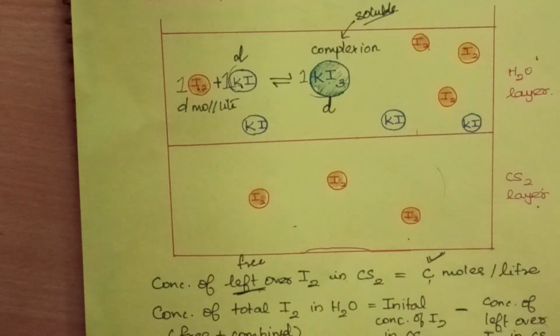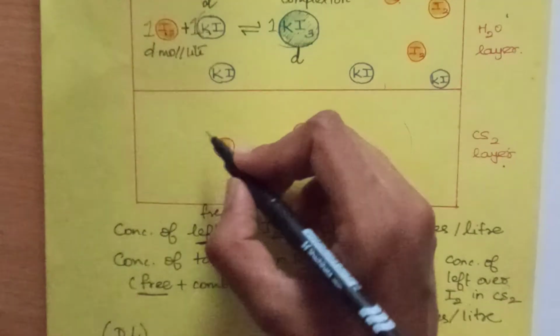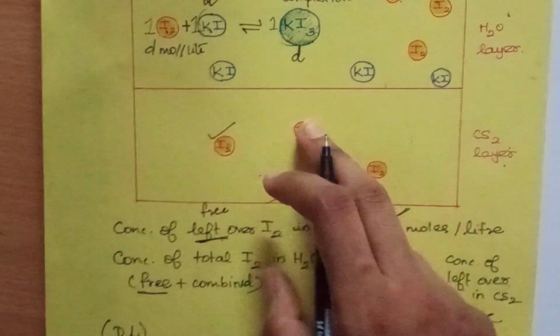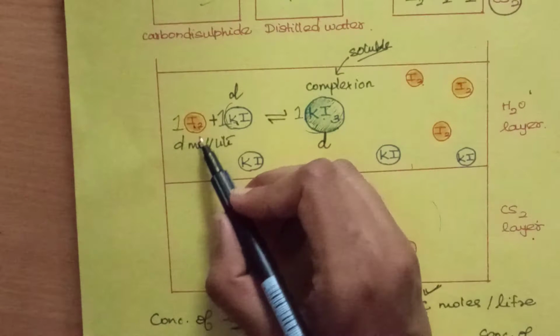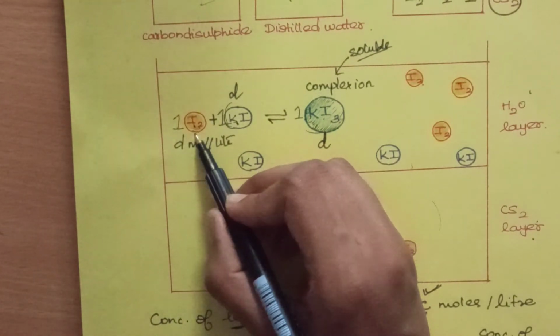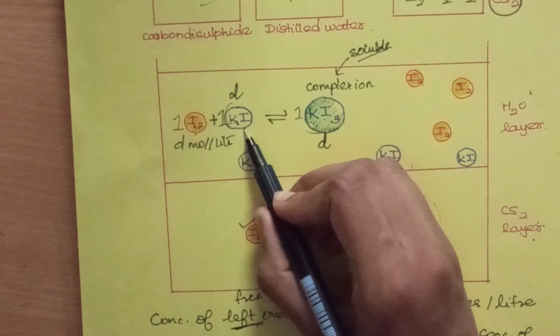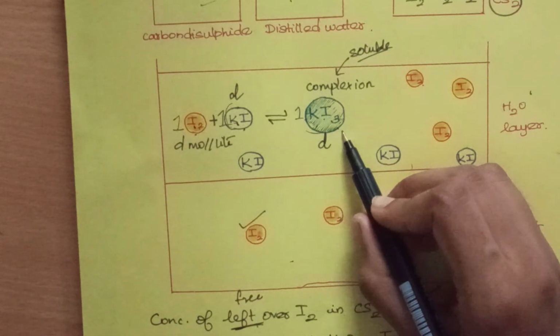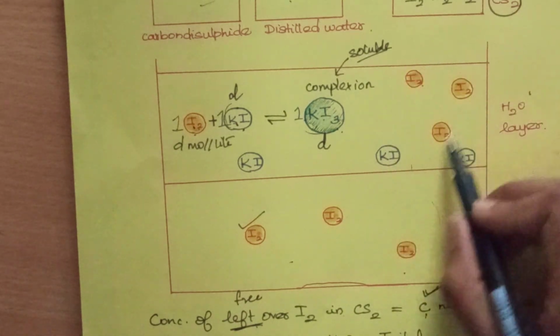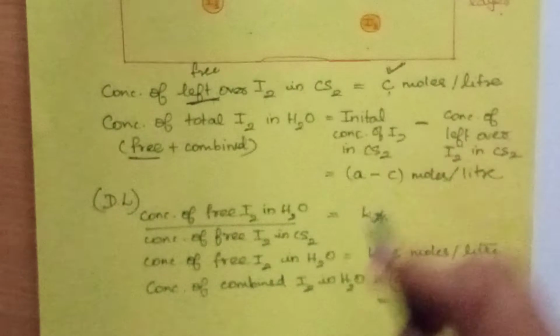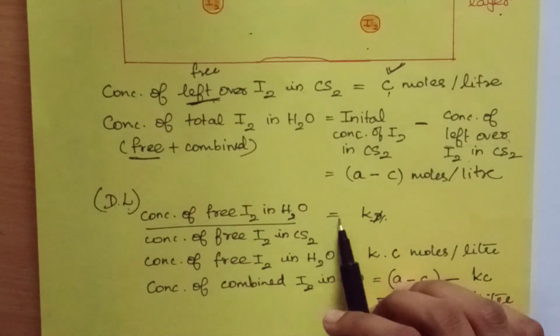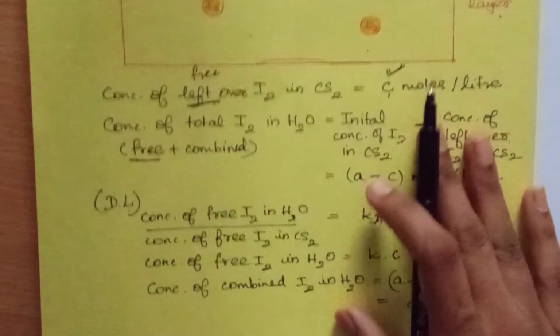Okay, so what is left over? We have calculated the concentration of combined iodine, the combined potassium iodide, and the free iodine in water by using the distribution law.